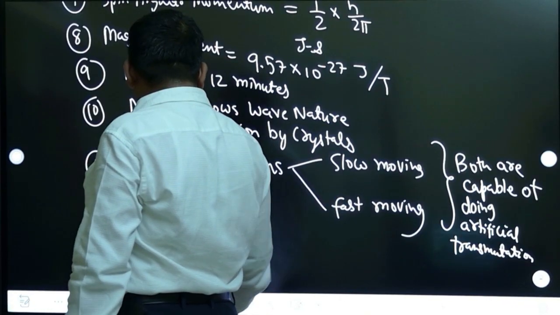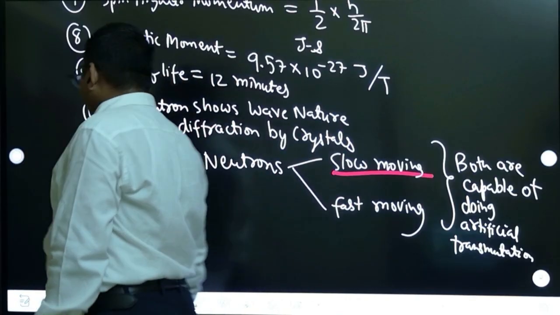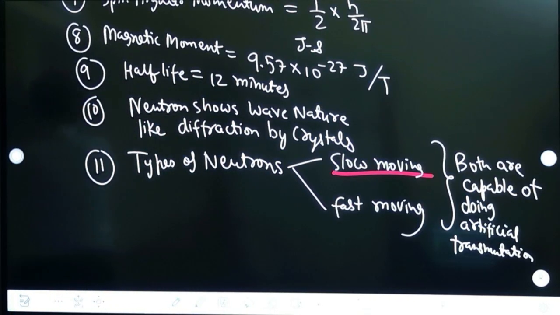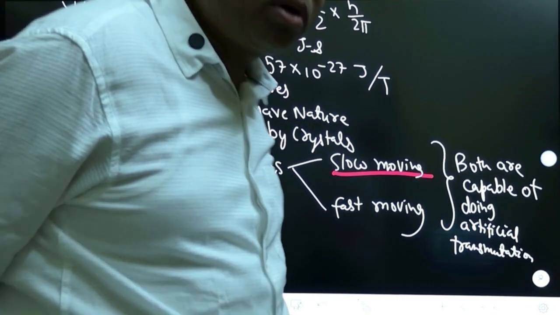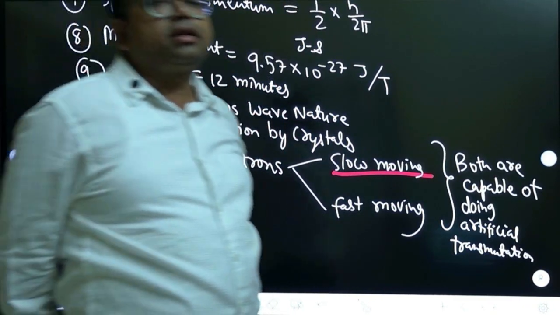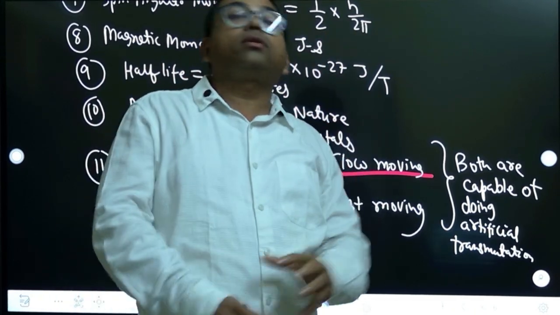But the slow moving neutrons, which are called passive neutrons, are mostly used in nuclear fission reactions, because the slow moving neutrons can stay inside the nucleus for a longer time and create more instability inside the nucleus, and then the nucleus will decay.